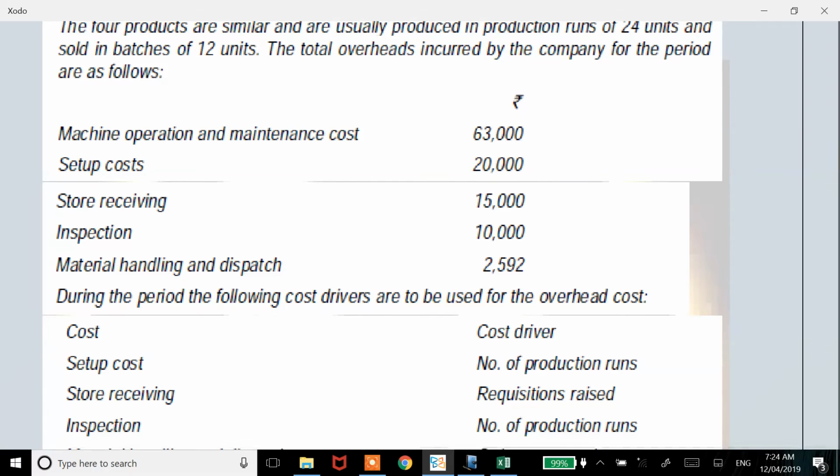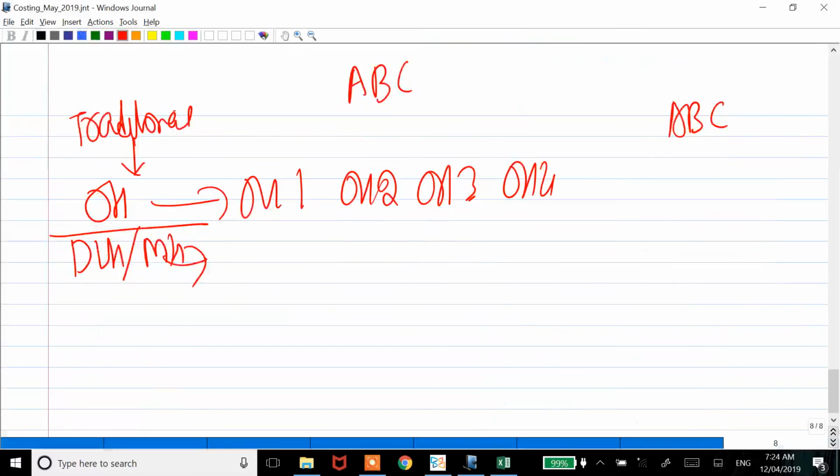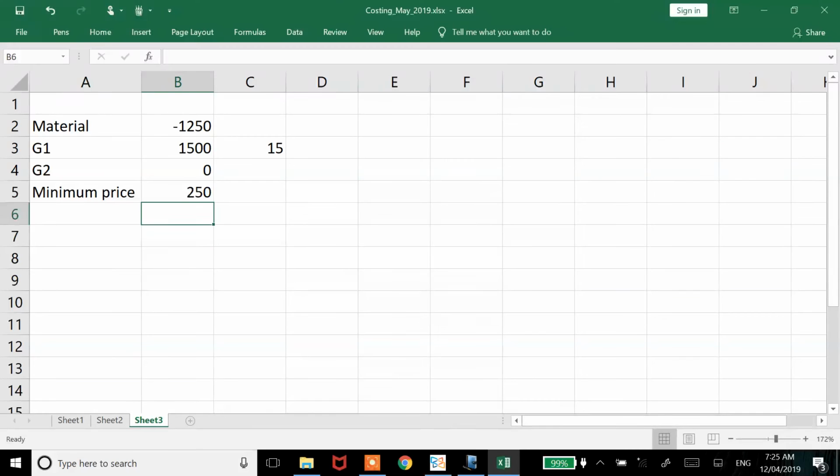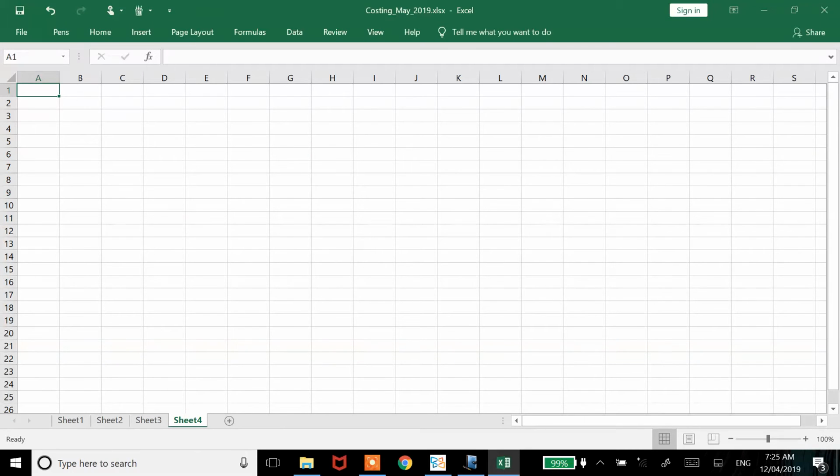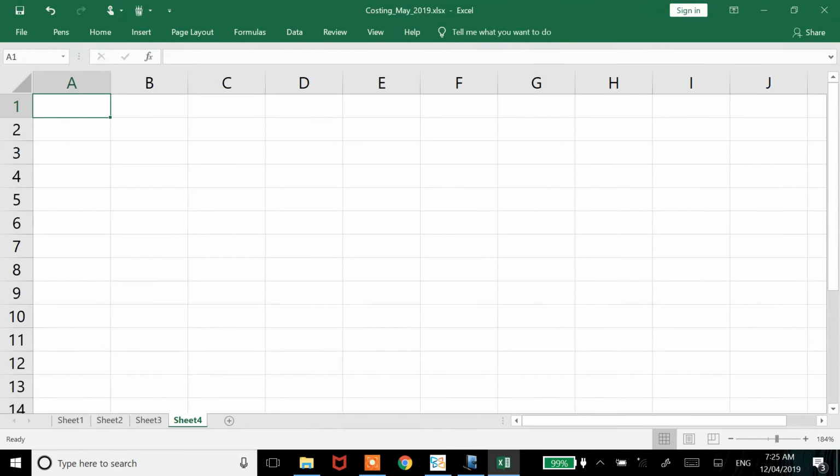So when it comes to ABC, the first step is calculating something called a cost driver rate. We don't call it an overhead absorption rate. Working note 1, cost driver rate under ABC.